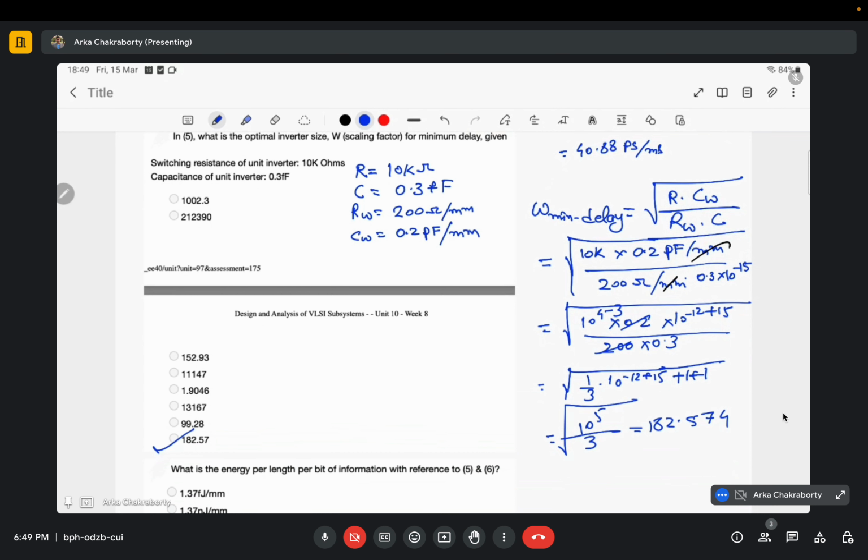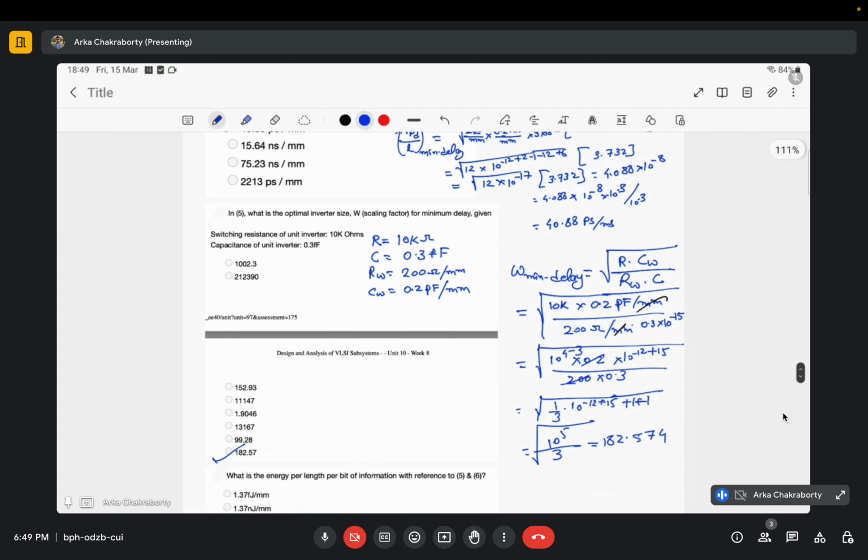So clear? In this way, we can find the optimal inverter size W min with the minimum delay condition, and the value is coming as 182.57. Okay. Hope the calculation is clear.